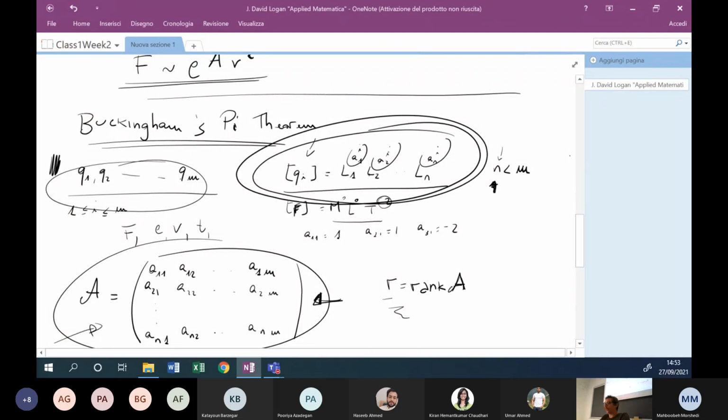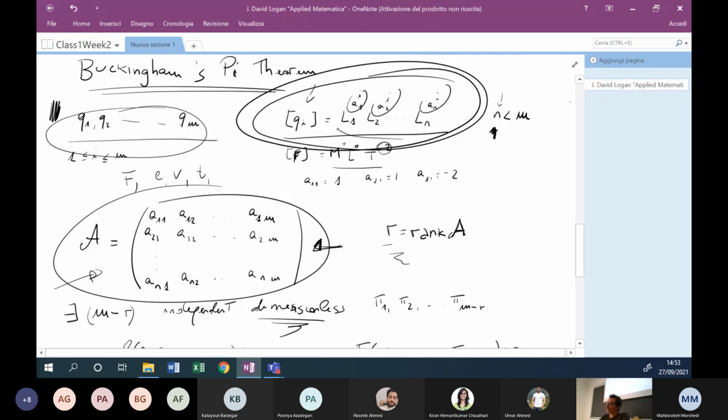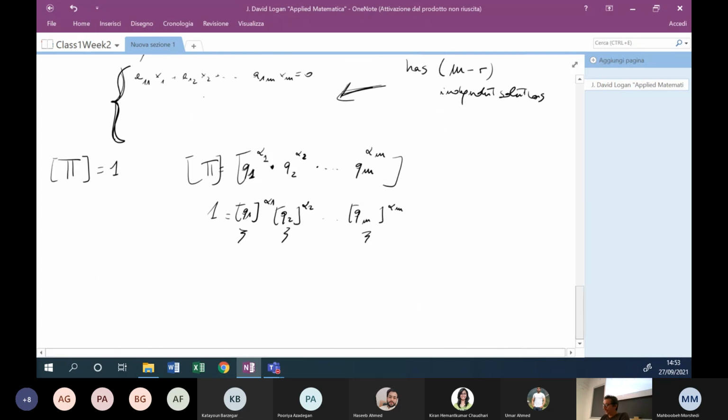So I know that the qi's can be written in this way. So what I have to do is just substitute this expression here in all these quantities. So what I will have is L1 to the power a11, L2 to the power a21, and so on, Ln to the power an1, all to the power alpha 1.